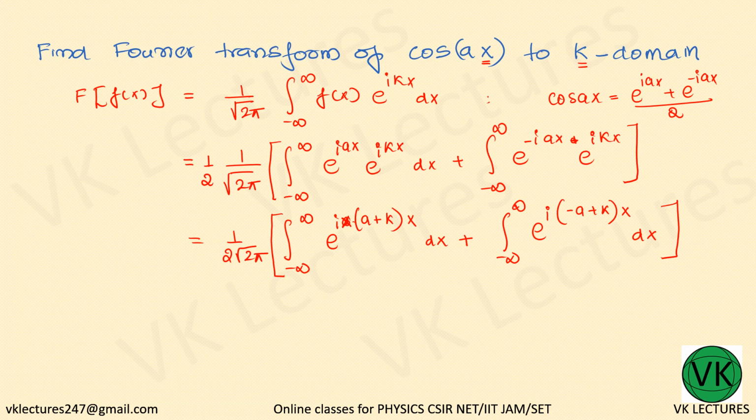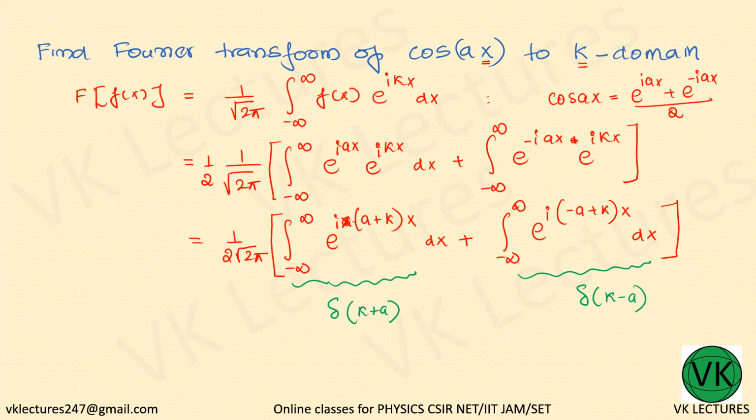This particular integral is the Dirac delta function, delta of k plus a. Let us write k plus a here, and this is the Dirac delta function for k minus a. And just, k is the domain.